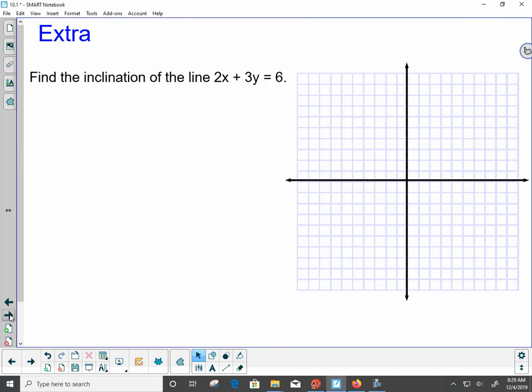Okay, I added another one. I don't think this is on your note sheet, but you're going to squeeze it in there somewhere. So when I find the slope, I'm going to divide by -3.